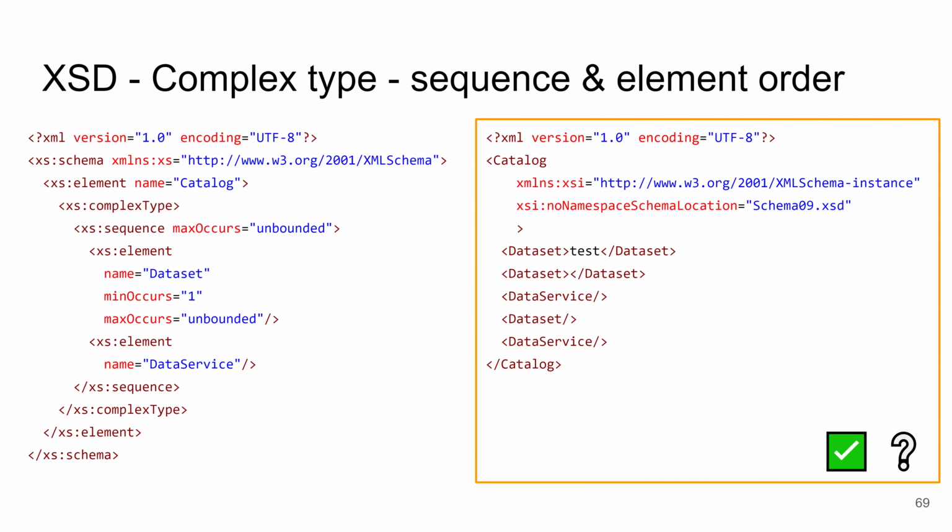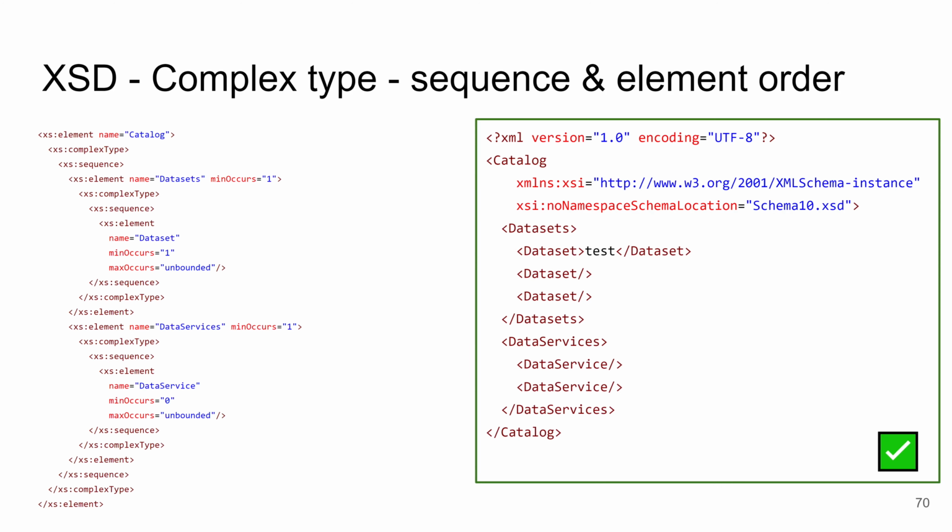However, it is often not used like this, and it is a bad practice to mix those elements just like this, because it makes it hard to process such data. For instance, if you wanted to go through all the datasets, you have to skip those data services and so on. So this is not very practical.